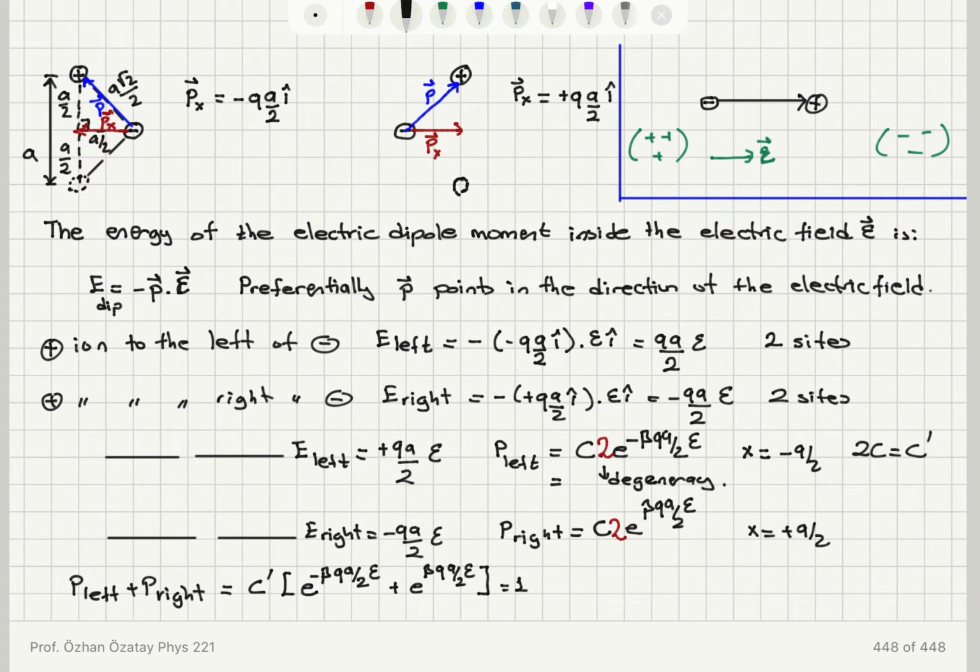So I find that my constant c prime, the normalization constant, is 1 over e to the minus beta qa over 2 epsilon plus e to the plus beta qa over 2 epsilon. So basically I have the probability distribution found here.